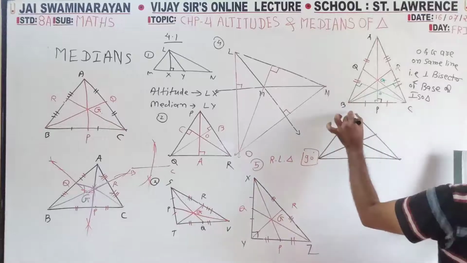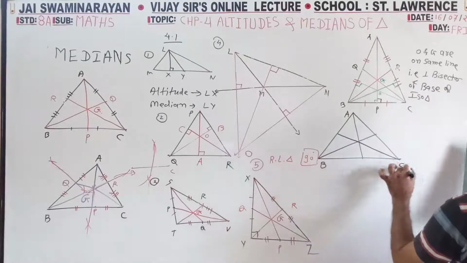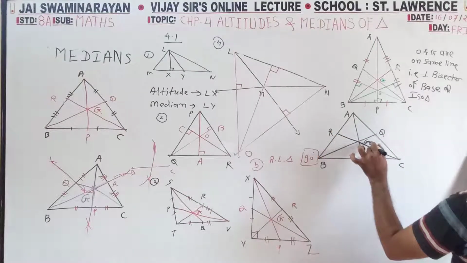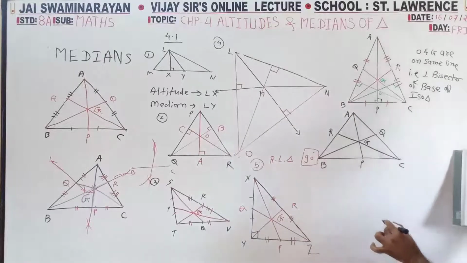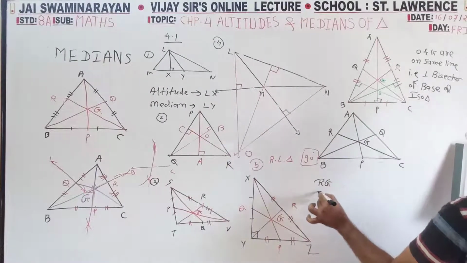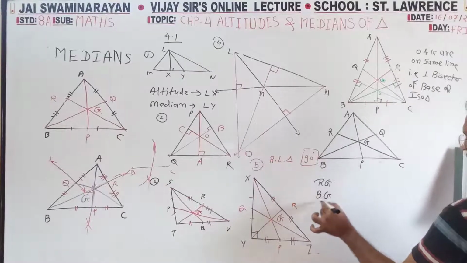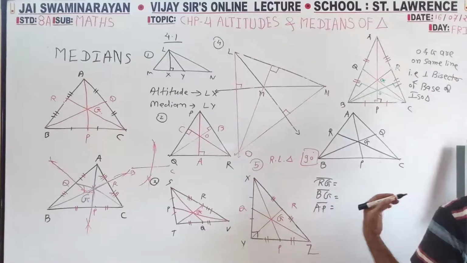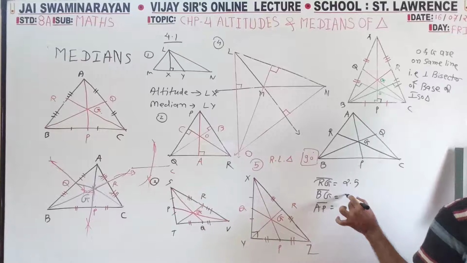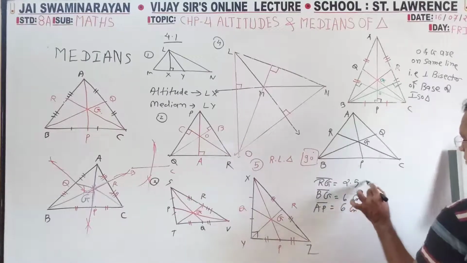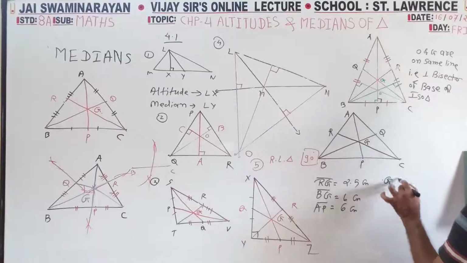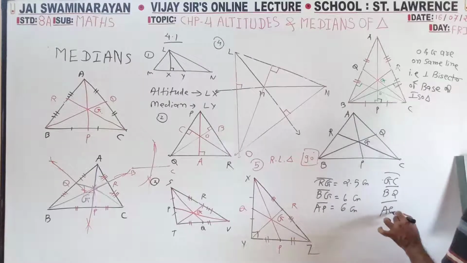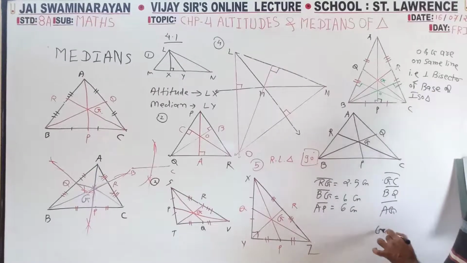It is given A, B, C, P, Q, R, G. Three things given: RG, BG, AP. What to find out? GC, BQ, AG and GP.